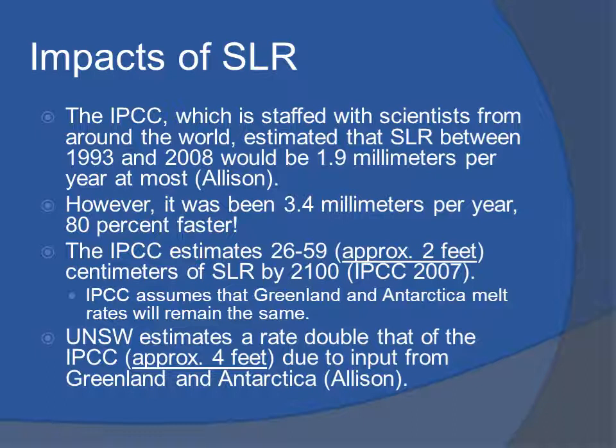As a result, the University of New South Wales, in its Copenhagen Diagnosis Report, which was released in 2009, estimates a rate double that of the IPCC by 2100, which would be about 4 feet of sea level rise at most, due to current input from Greenland and Antarctica.